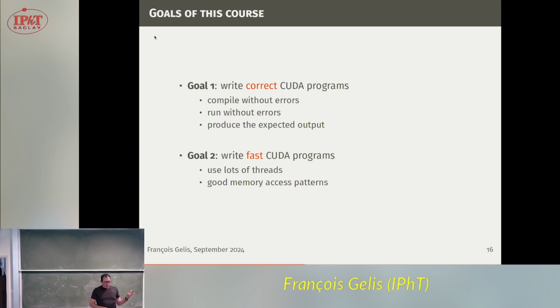Compilation without errors is rather easy in the sense that once you get used to the language, it's quite straightforward to write code that compiles without mistakes. The second item, running without errors, is probably the most problematic of the three, at least in the beginning.